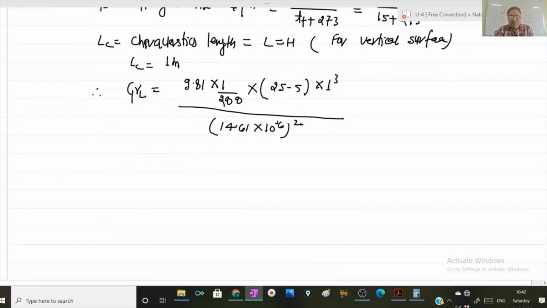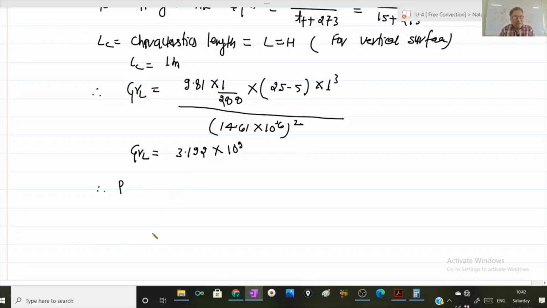Now solving this will give me the value of Grashof number, and it comes out 3.192 into 10 to power 9.